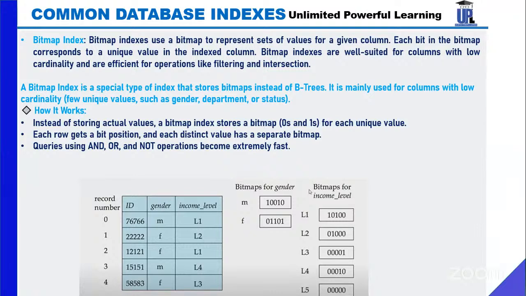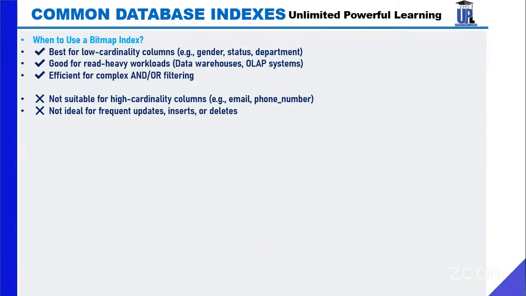Usually, if I want to perform AND, OR, or NOT operations, then sometimes people can use a bitmap index instead of a B tree. It is best for low cardinality columns like gender, status, department.